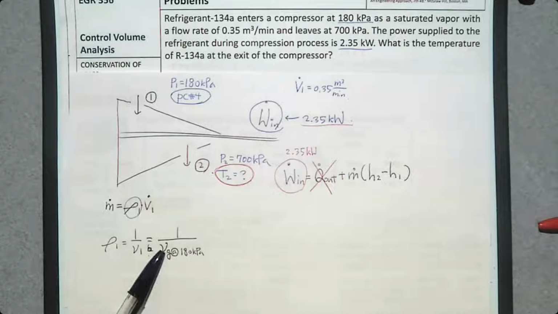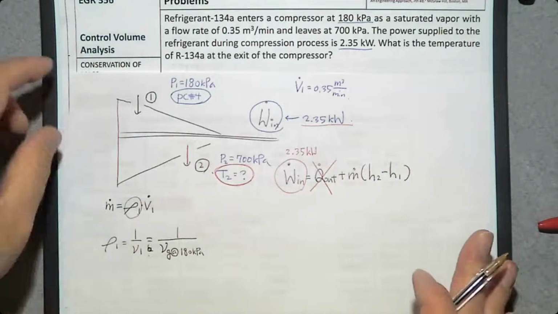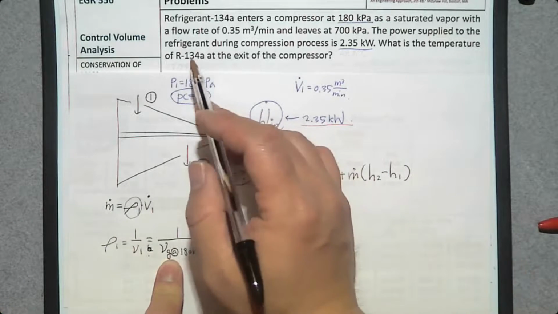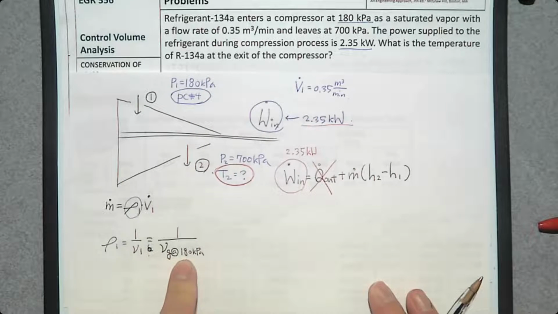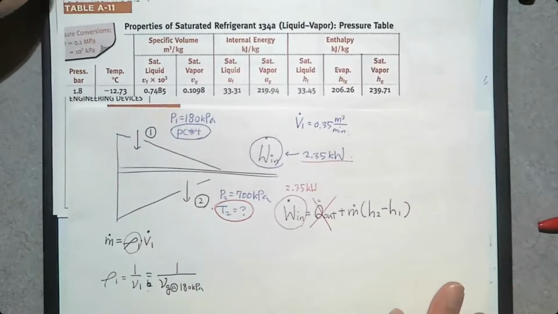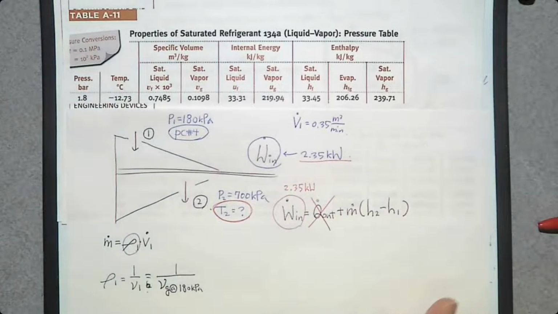What is vg at 180? You need to go to the saturated R134A pressure table. Where is it? Table A-11, properties of saturated R134A, pressure table.